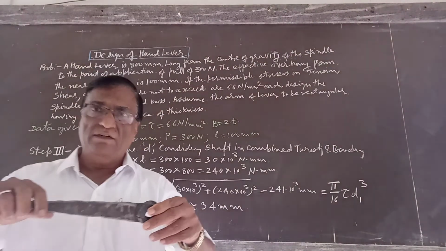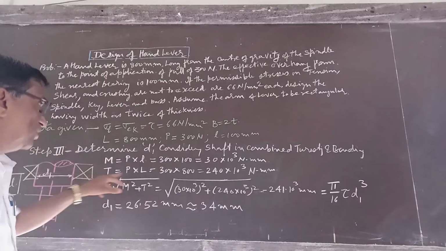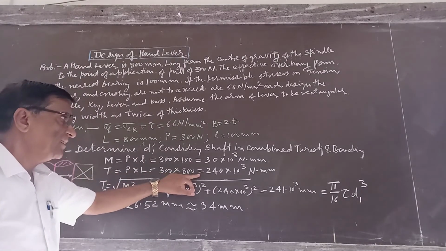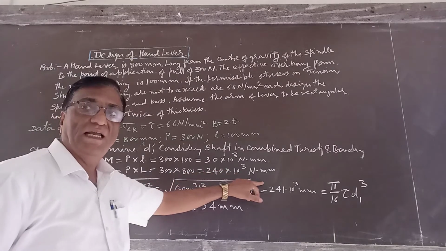And torque is given by force into effective length, so that comes out to be 300 multiplied by 800, that is equal to 240 into 10 raised to 3 Newton millimeter.